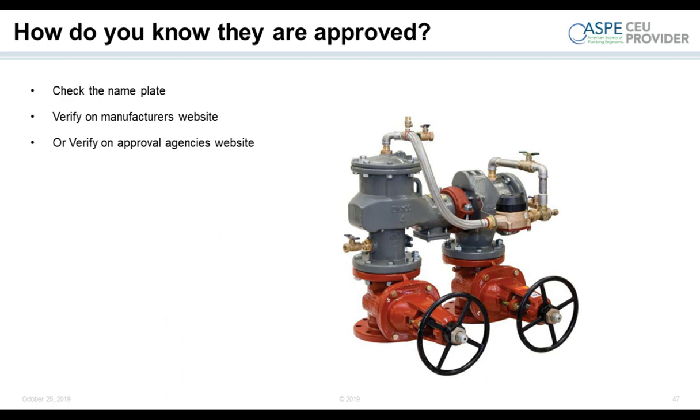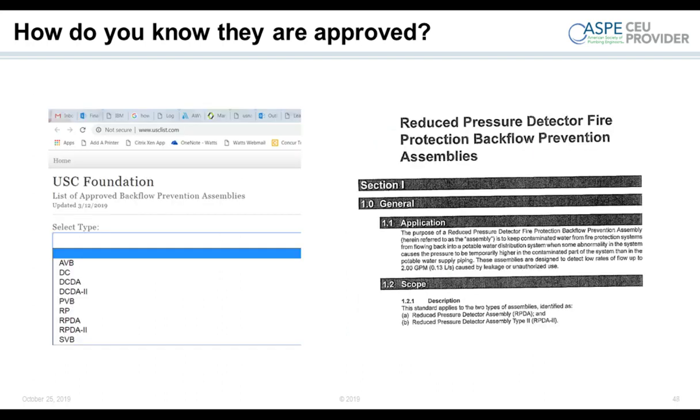So first of all, how do you know if they're approved? Well, the same way that you would know for any other valve. You can check the nameplate, you can verify on the manufacturer's website, or you can verify on the approval agency's website. USC now has a great online approval list. If you go to their type selection, DCDA-2 and RPDA-2 have their own answers on that drop-down.